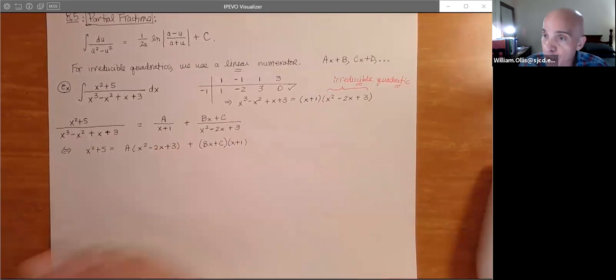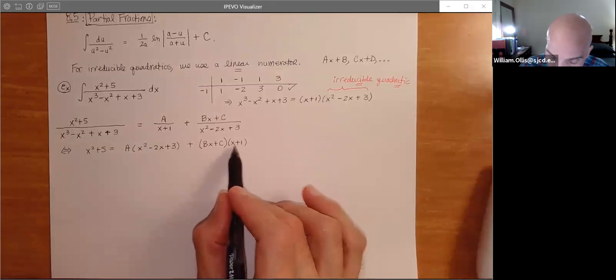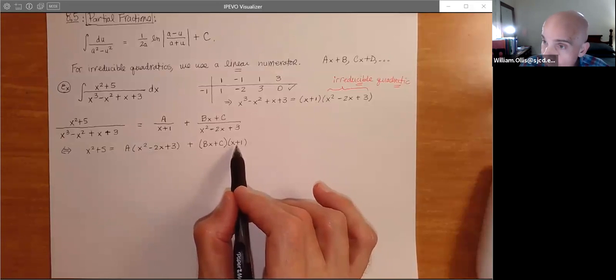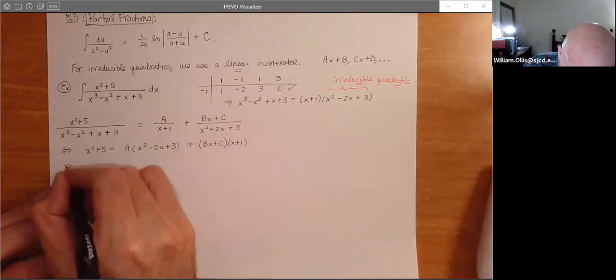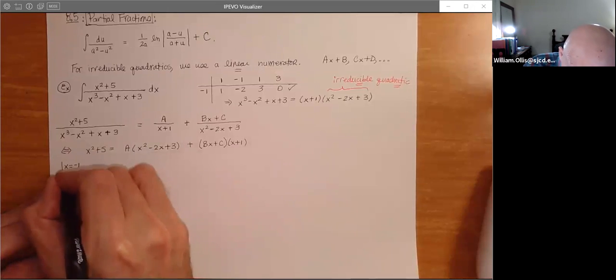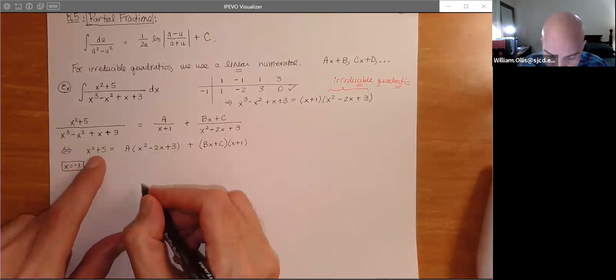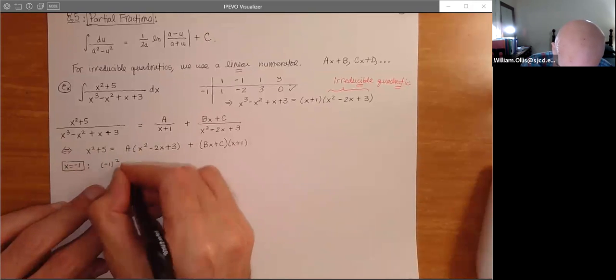Now, to find the coefficients, we use very straightforward techniques. So the first thing we notice with the linear factors, this is true for all real numbers. So we can just let x equal -1 to figure out what a is. So we'll start out simply and say x equals -1. Okay, so now we say if x is -1, this will give us a -1 squared plus a 5.